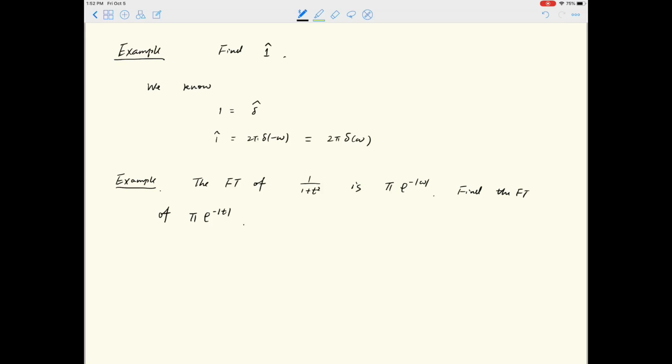Well, by the symmetry rule, the Fourier transform of this will just be 2 pi, the original function with t replaced by minus omega. Minus omega, when squared, is just omega squared, so we get 1 plus omega squared. So that is the symmetry rule.